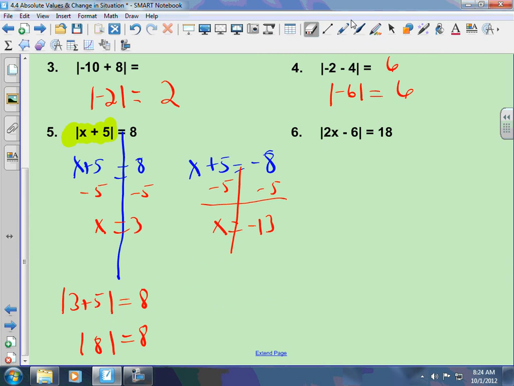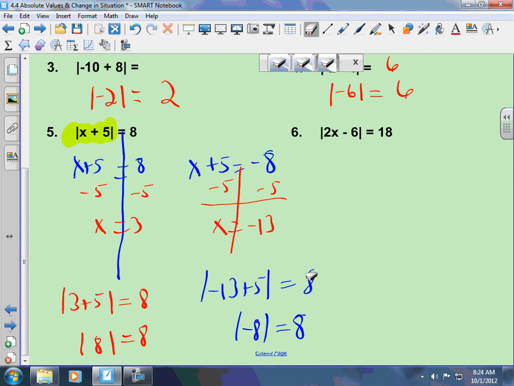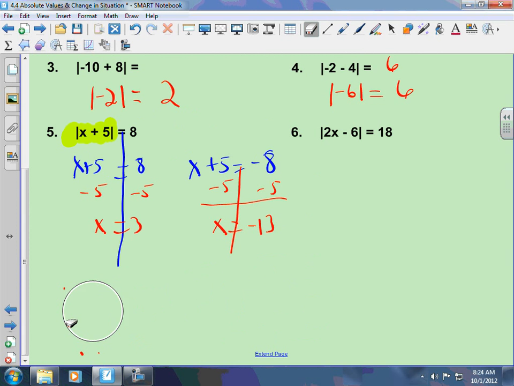Let me erase this line. The absolute value of -13 plus 5 equals 8. The absolute value of -8 equals 8. Is that true? That's why we get 2 different numbers. You must solve these twice. Once for the positive, once for the negative.